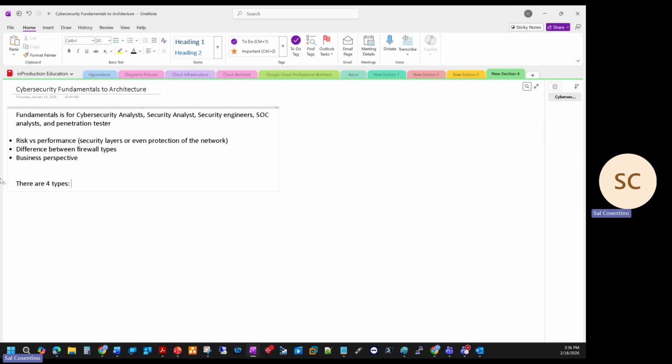These are stateless, right? So, one, stateless. Those are the packet filtering firewalls, the simplest type, where we examine individual packets without any context.